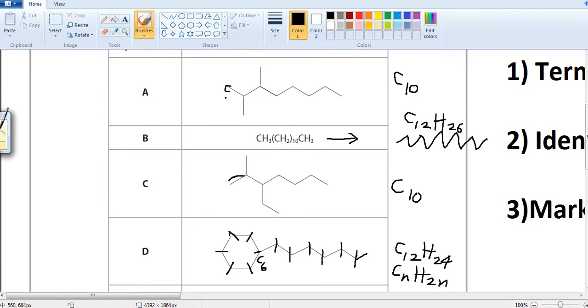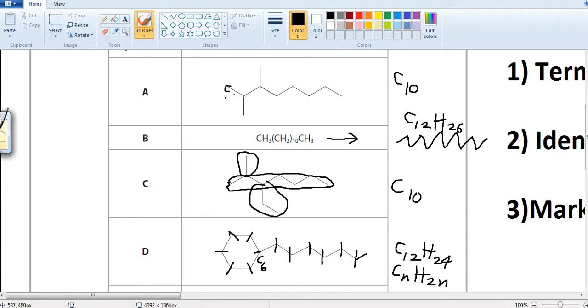It has the straight chain carbon atoms, and there is also a branching here and here. If we compare this with A and C, there are 8 carbons in the longest chain in A, and in C there are 7 carbons in the longest chain, one less than A.